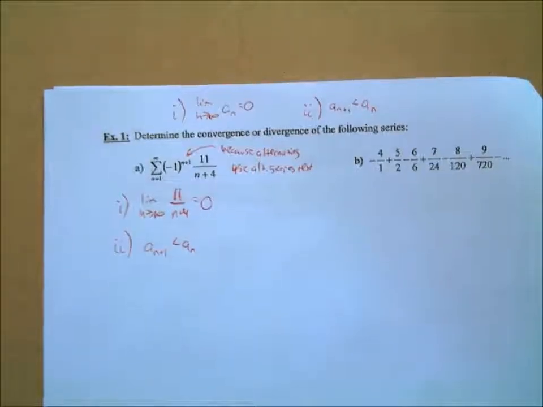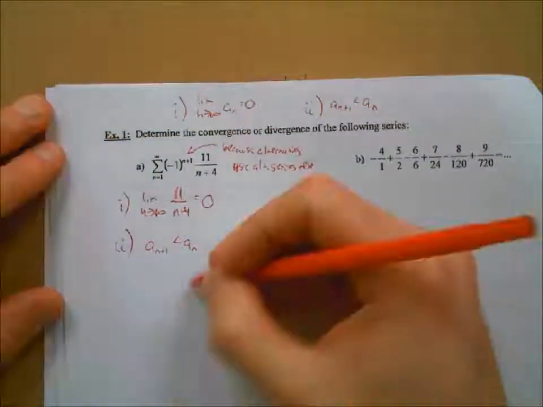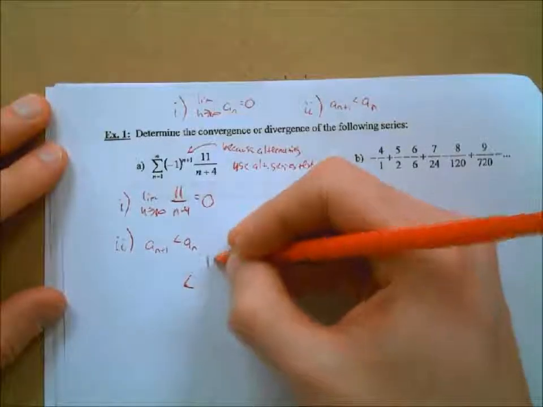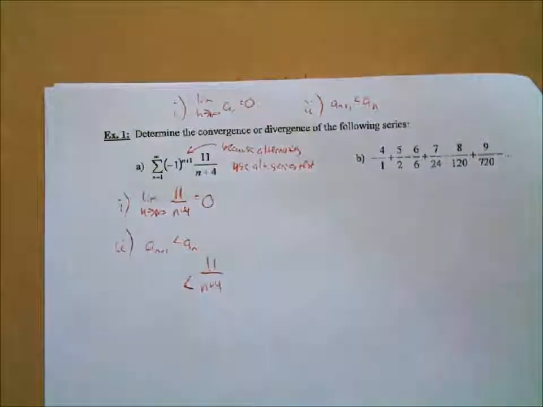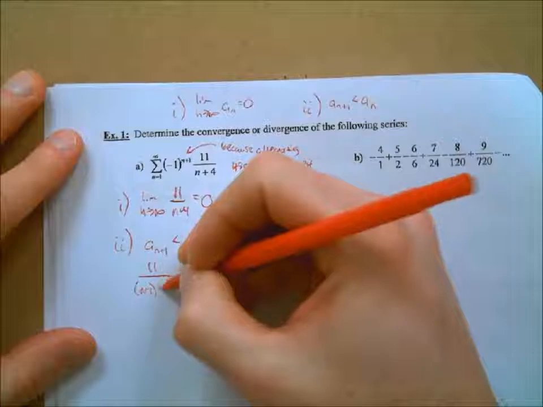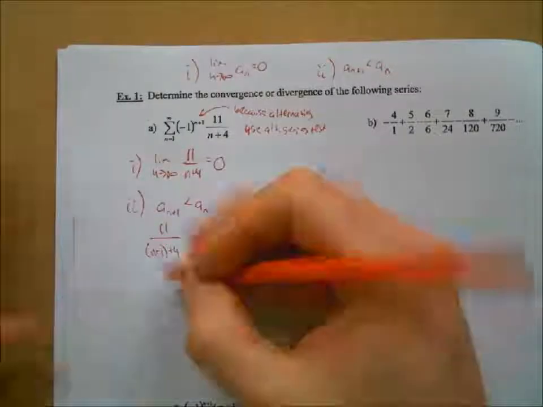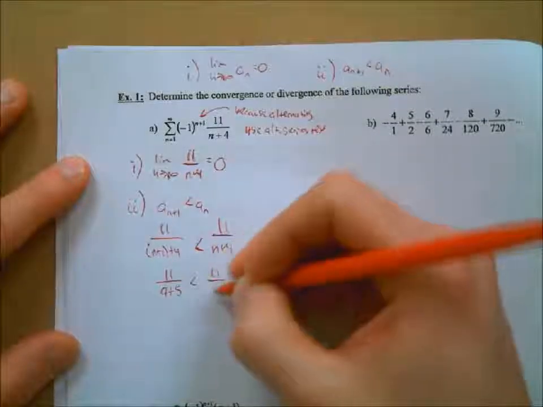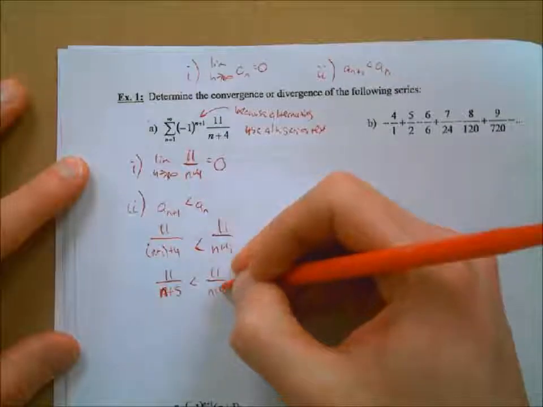Let's check now whether the next term is going to be less than the previous term. How can we do that? Well, our a sub n is literally just 11 over n plus 4. How can we represent a sub n plus 1? It'll be 11 over the quantity n plus 1 plus 4, or in other words, 11 over n plus 5 is less than 11 over n plus 4.